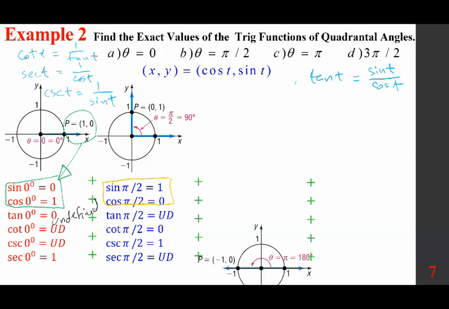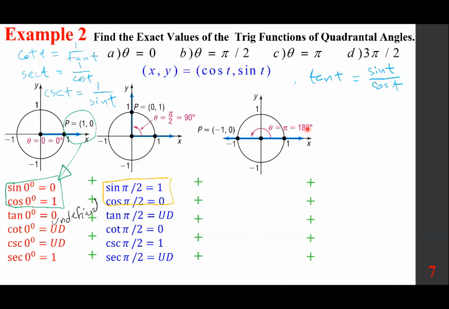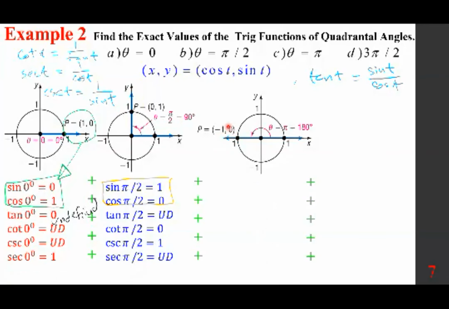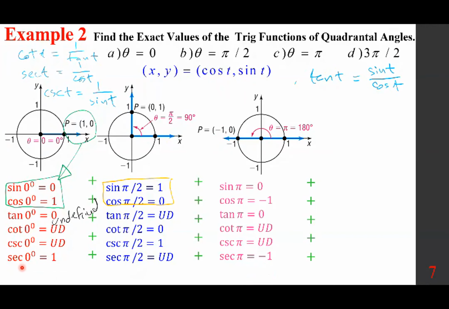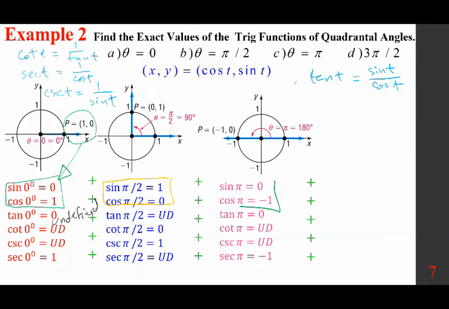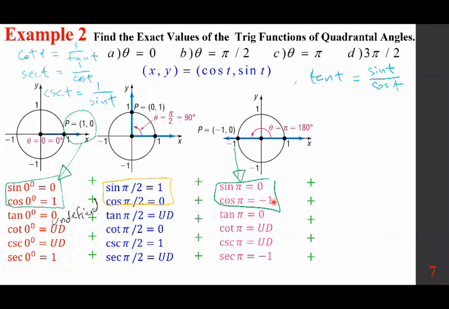The next one is pi or 180 degrees. So look at this location having coordinates negative 1, 0. So cosine is negative 1, sine is 0. And again, let's concentrate on those two only. Cosine of pi is negative 1, sine of pi, or 180 degrees, is 0.